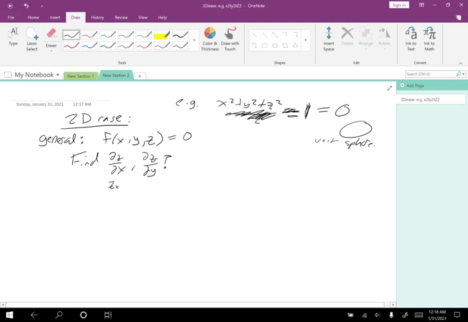Here's a simplified way to write this. This is not mathematically valid, but I think it's helpful.